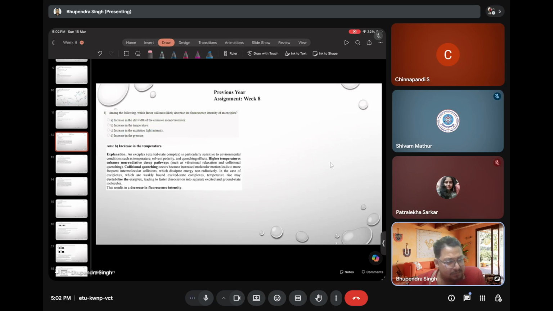A cutoff filter is there, but let's say you have a fluorometer, how can you change the power?